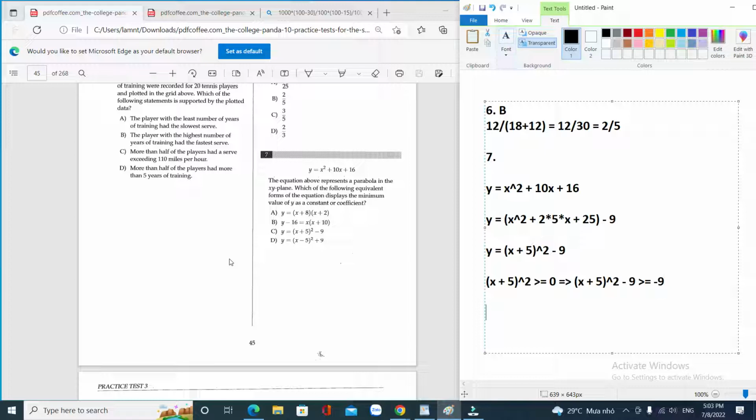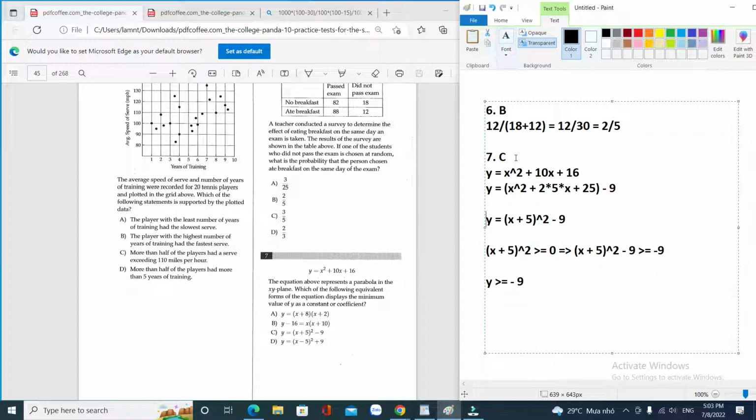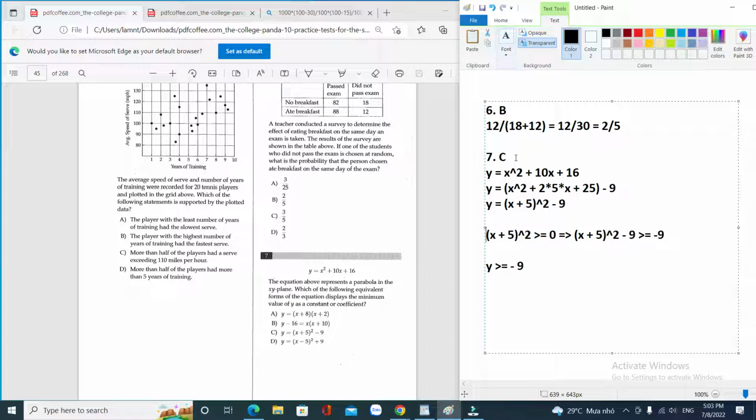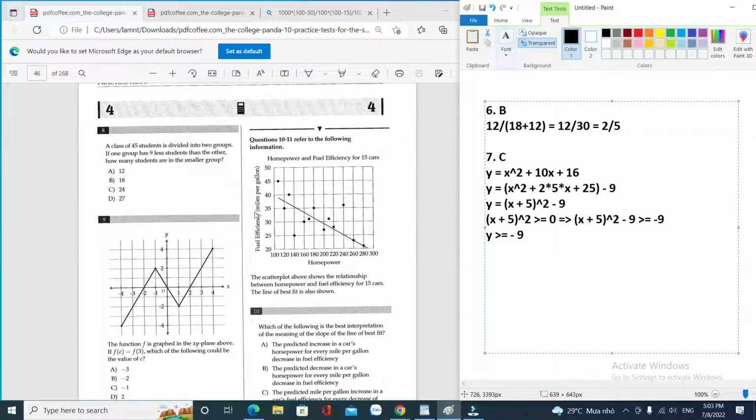Which means that y is bigger than or equal to minus 9. So in general, the minimum value of y is just c. Okay, I think it's c. Okay, so let's try number 8.